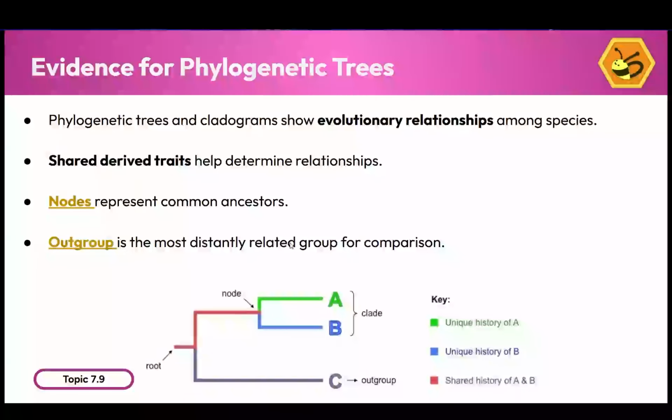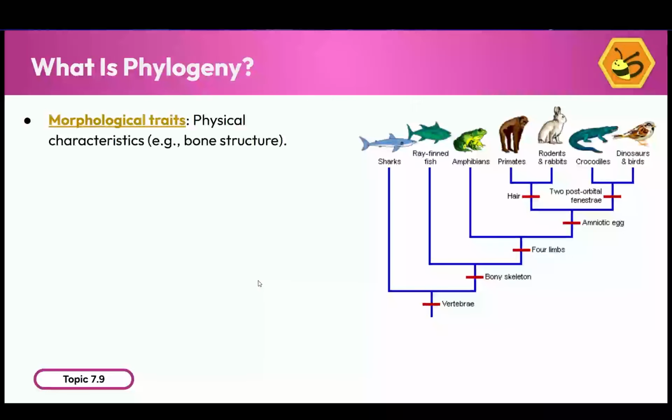Back to the slideshow. The nodes represent the common ancestors, but the outgroup is the most distantly related group for general comparison. As you can see in this diagram, the node is where the green and blue branches meet, but the C is the outgroup, the most distantly related organism.